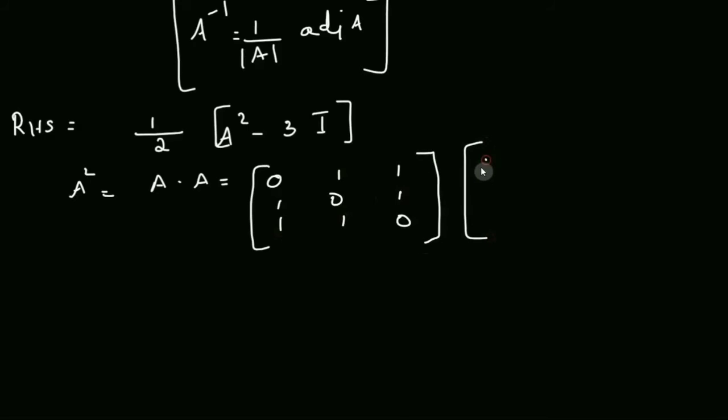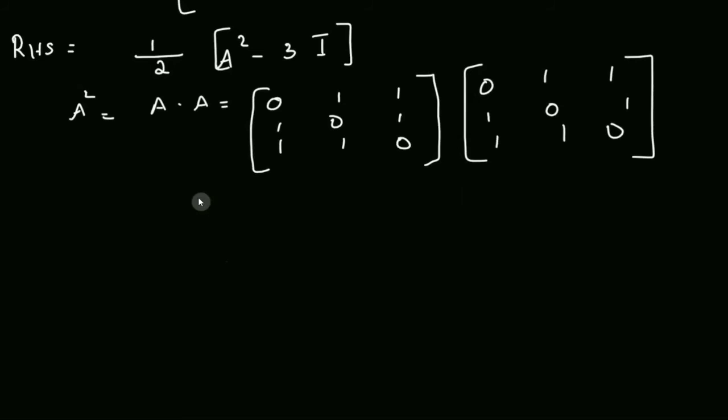So it is 0, 1, 1, 1, 0, 1, 1, 1, 0. When you multiply these two matrices, you get A square matrix as 2, 1, 1, 1, 2, 1, 1, 1, 2.